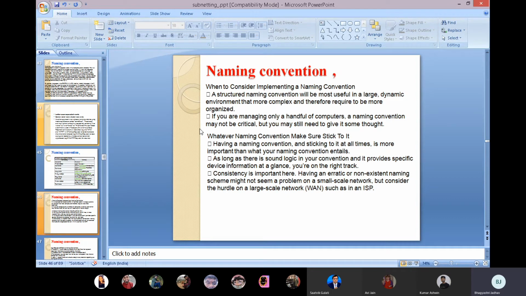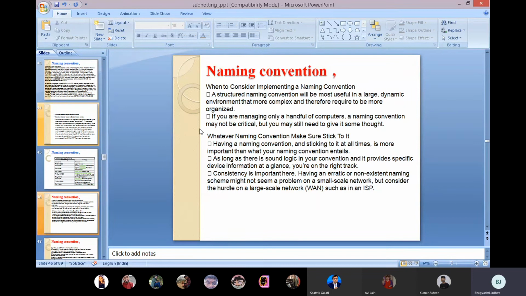Consistency is important here. Having an erratic or non-existent naming scheme might not seem a problem on a small scale network, but consider the hurdle on a large scale network, a WAN, such as an ISP. These are the important points, what you have to do: having a naming convention and sticking to it at all times is more important than what your naming convention entails.